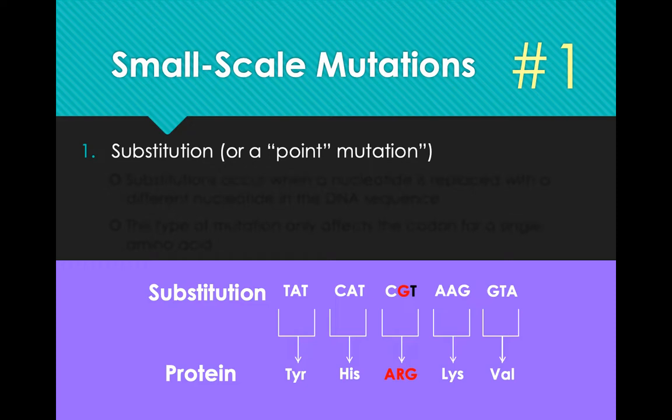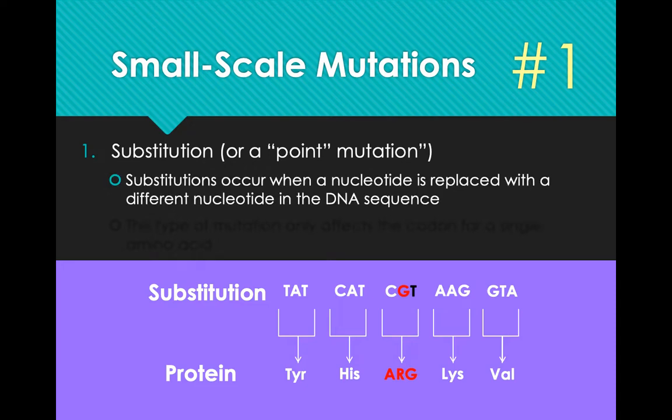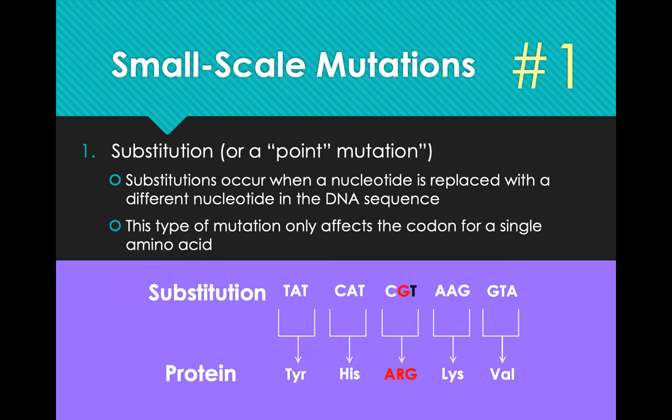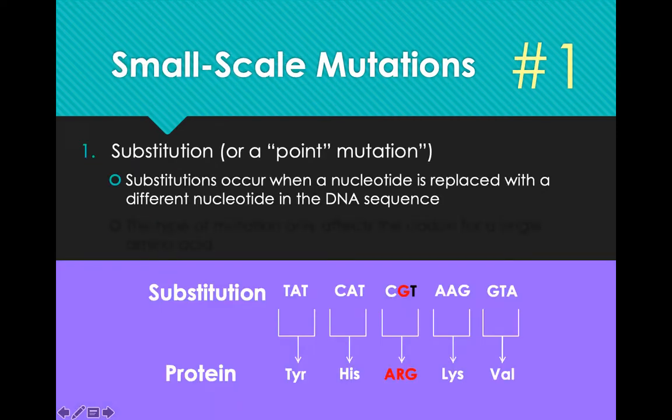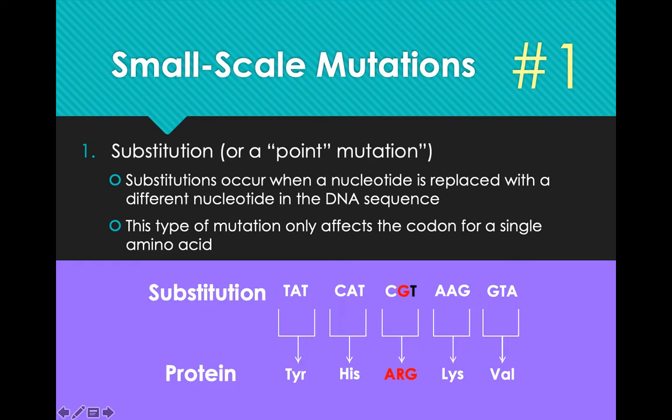So if I take one of those nucleotides and replace it with something else, for example, let's flip back. You can see this was CCT, now it's CGT. So I've just replaced one single nucleotide. We call that a point mutation because it only happens at one point.